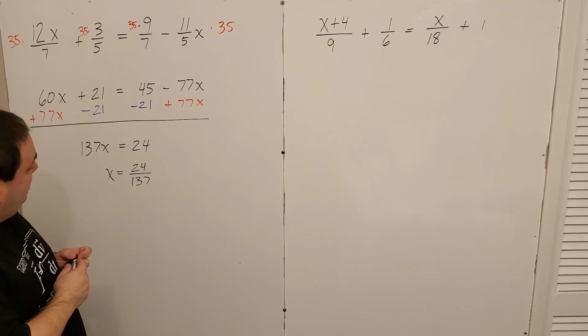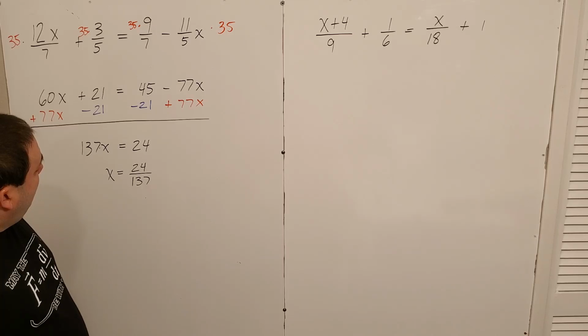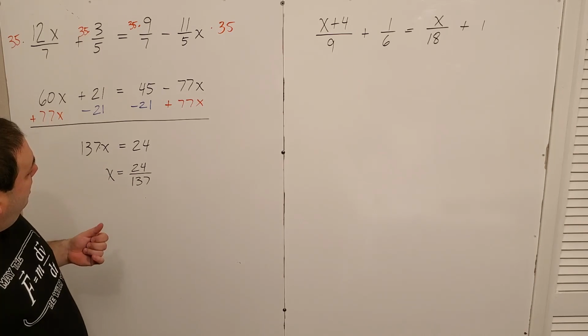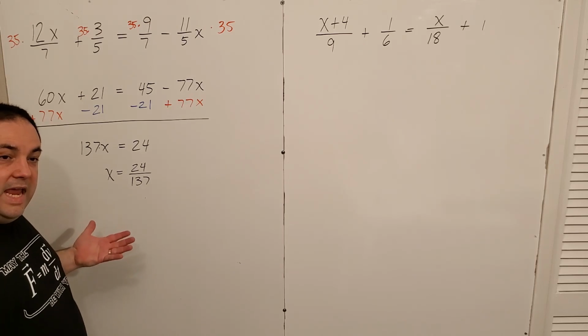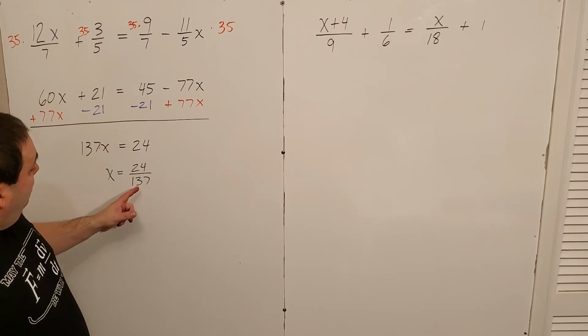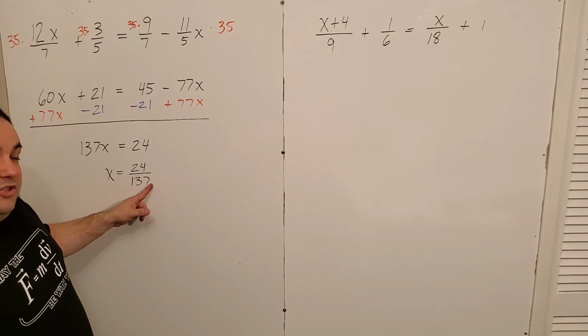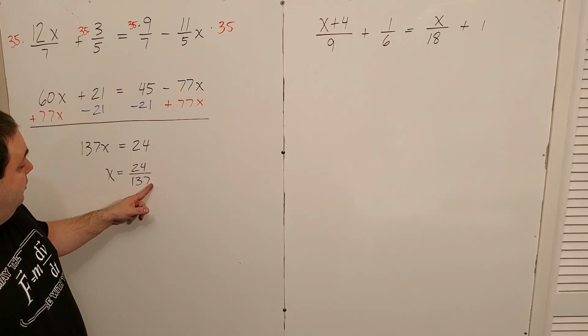And then we just check and see, can I reduce this at all? Well, let's see. 24 can be divided by 2, 3, 4, 6, 8, 12. 137 is not an even number, so it can't be divided by 2 or any multiple of 2, like 6 or 12 or 4, right? So we can count those out.